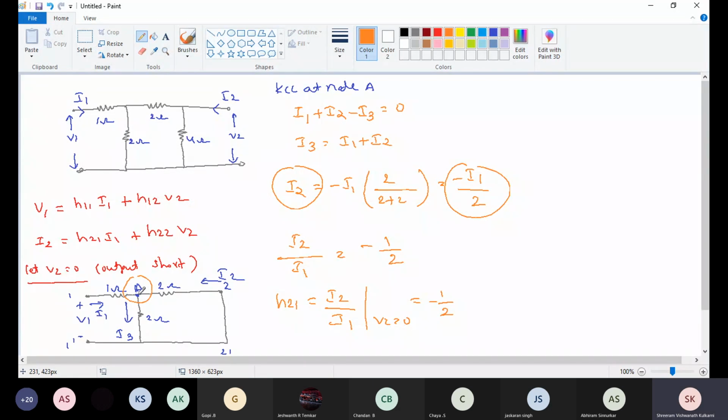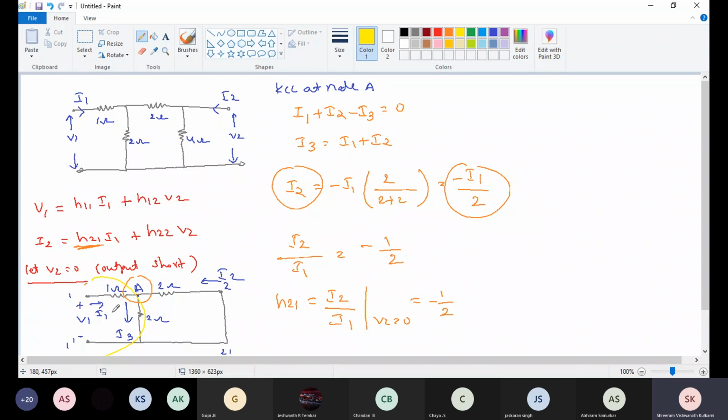Then I am applying the KCL equation at node A. From that KCL, I got H21 equal to I2 by I1. Okay, now apply KVL at this port. Here in hybrid, we need to use both the laws, KCL and KVL.